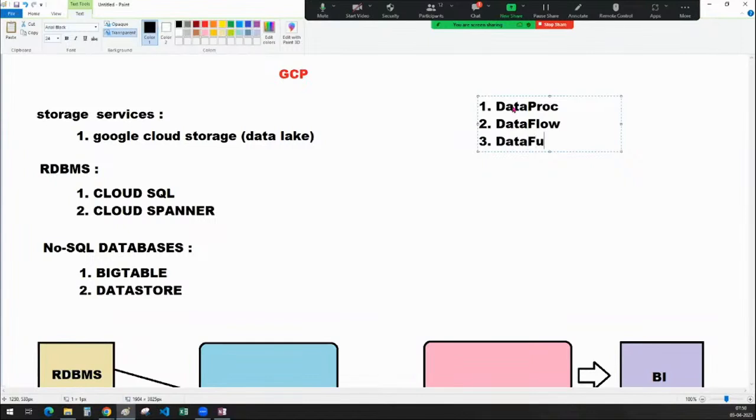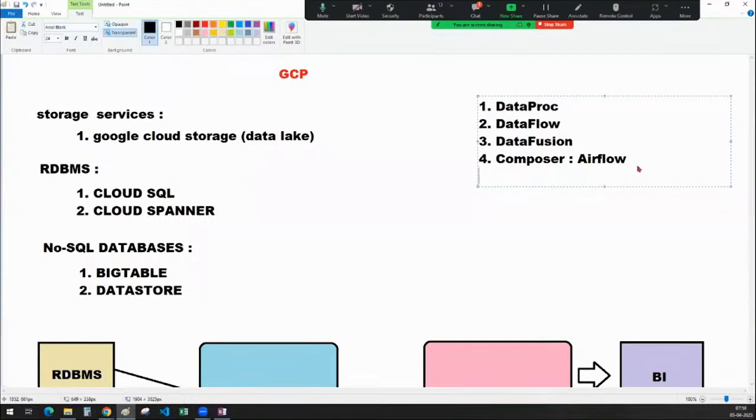Data Fusion for creating data pipelines without writing any code. One more is Cloud Composer, nothing but Airflow environment, a managed Airflow instance, guys, for creating DAGs. It is a workflow orchestration tool where you create DAGs with the help of Python coding, guys.